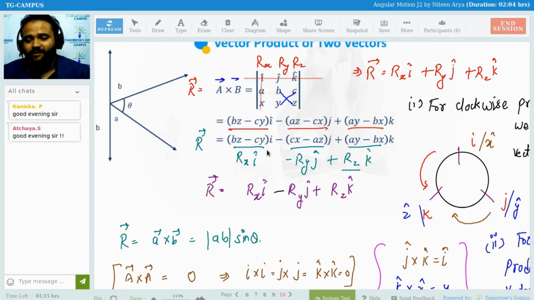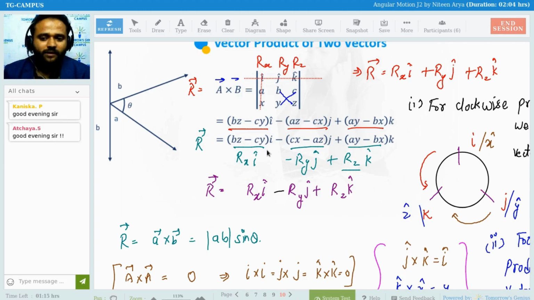So in finding A cross B using the determinant, if you get the x component in the rx vector, or the y component in the ry vector, or the z component in the rz vector, or any particular component, ax, ay, az, bx, by, bz, if you get the same component in the same place, you are making a calculation mistake.